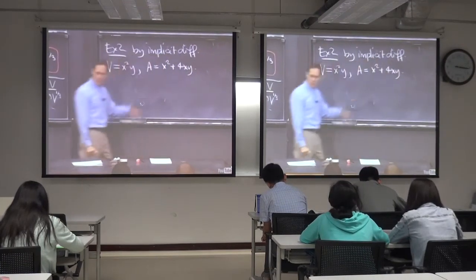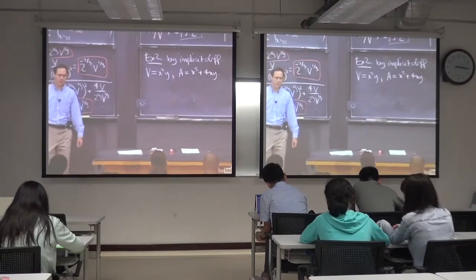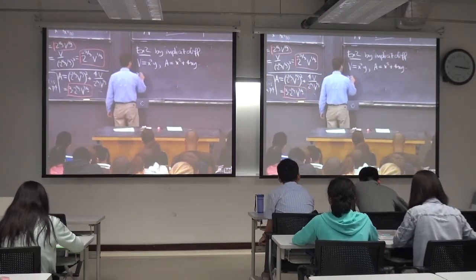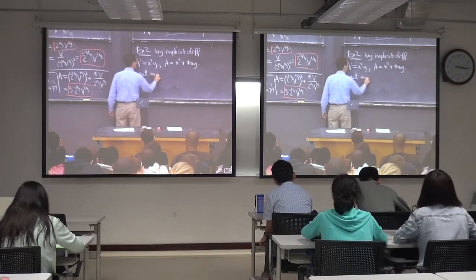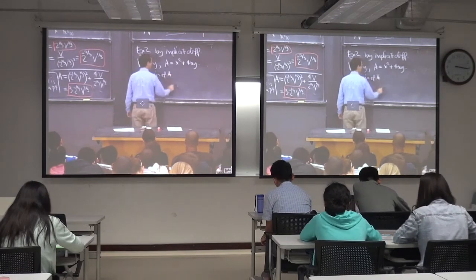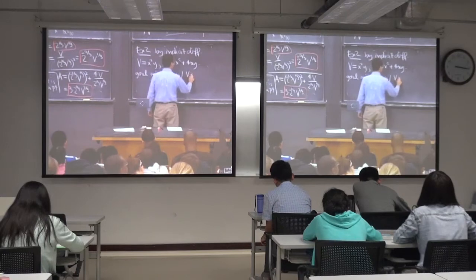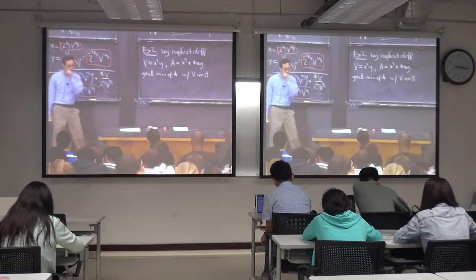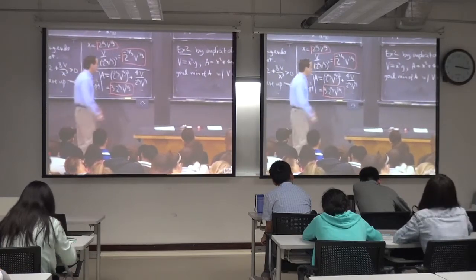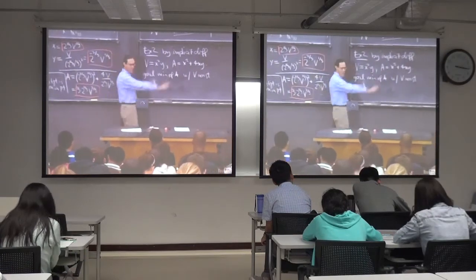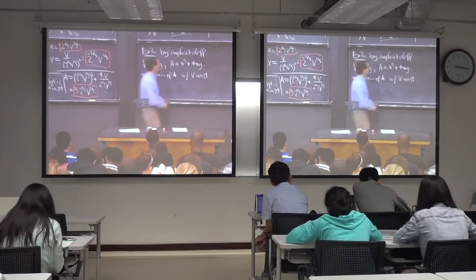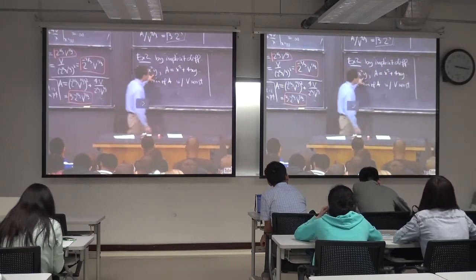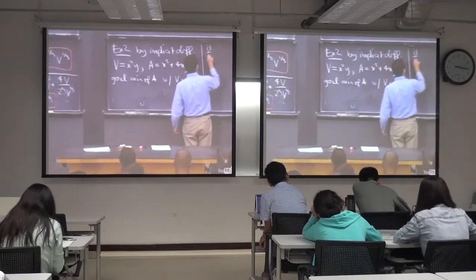So here was the starting place of the problem. All right? And the goal was the minimum of A with V constant. So this was the situation that we were in. And now, what I want to do is just differentiate. All right? The function y is implicitly a function of x, so I can differentiate the first expression.